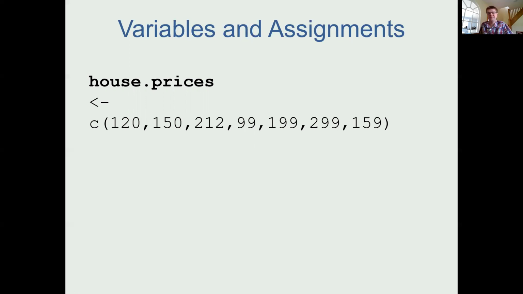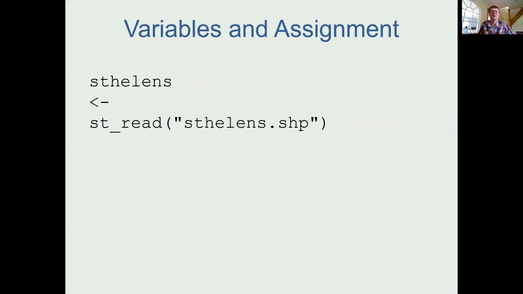We can't use spaces in variable names, so sometimes we use dots instead. And then we use this assign-to symbol, a less than symbol and then a hyphen. And then we say what the data is that it actually has in it. Here we have a list of numbers. We've got 7 numbers here, 120, 150, and so on. So we run that command and it stores that in R.